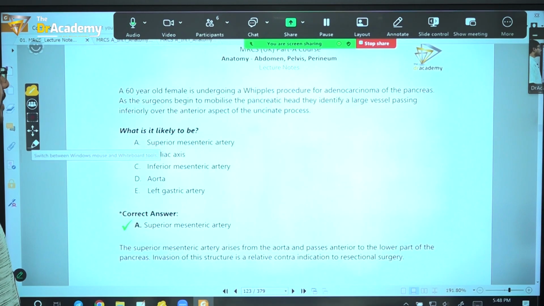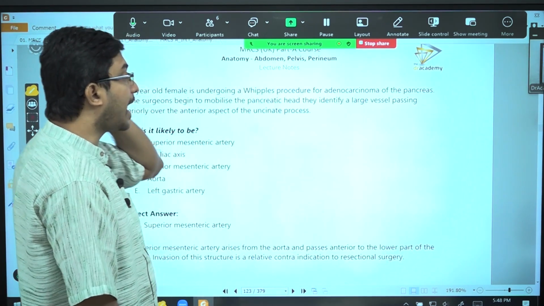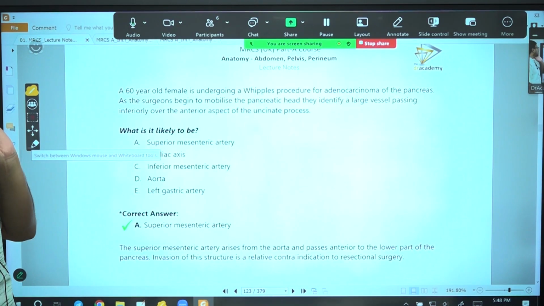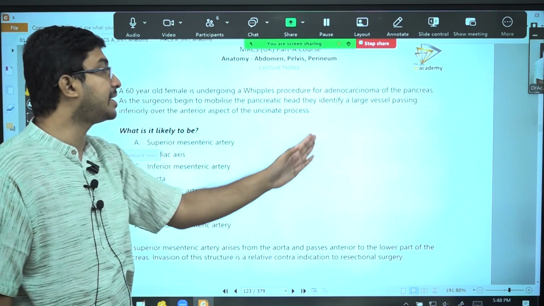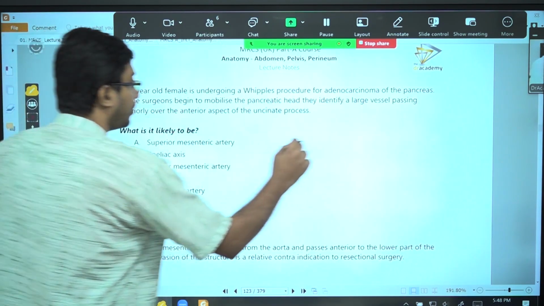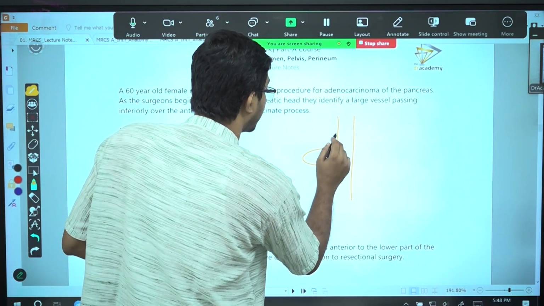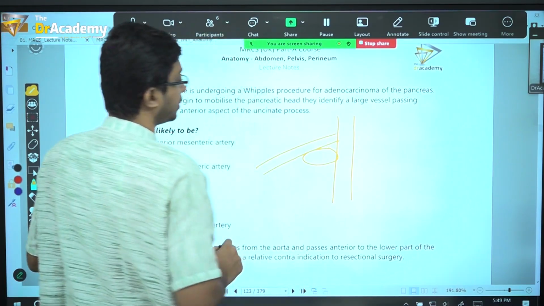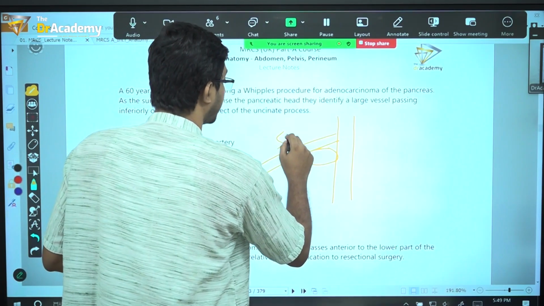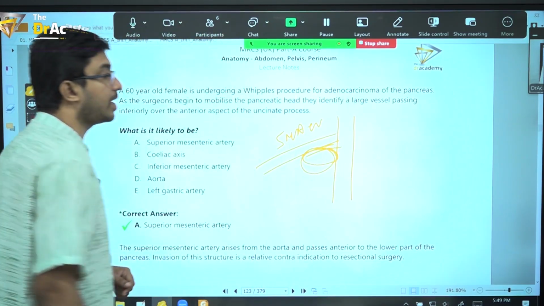A 60-year-old female is undergoing a Whipple's procedure for adenocarcinoma of the pancreas. As the surgeons begin to mobilize the pancreatic head, they identify a large vessel passing inferiorly over the anterior aspect of the uncinate process. Suppose this is the aorta and this is the uncinate process, and this is the superior mesenteric artery and vein passing just anterior to the uncinate process.